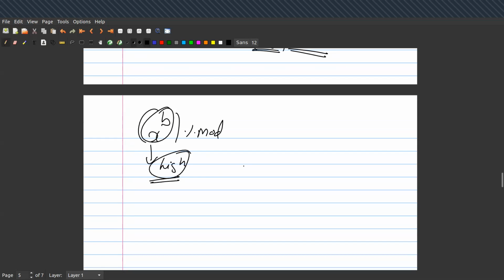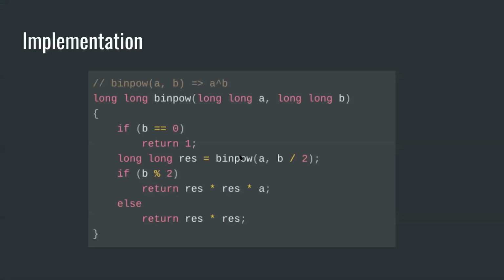So in the code, if we wanted to find a to the power b mod something, we just add a mod over here, like result star a mod this. Since it's just multiplication, we can add mod anywhere, so that the result stays within the limit and doesn't blow up to a very large value. So if you want to find a to the power b mod something, just add a mod everywhere.